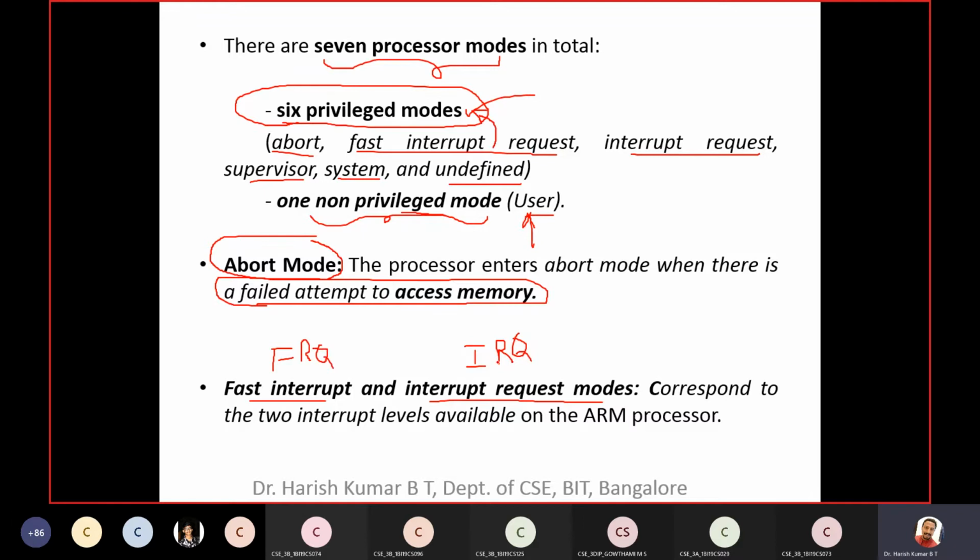Assume the processor is in the user mode and there is a slow interrupt or a fast interrupt generated by any external device. If it is a slow interrupt, it gets into the interrupt request mode. If it is a fast interrupt, it enters into the fast interrupt request mode.